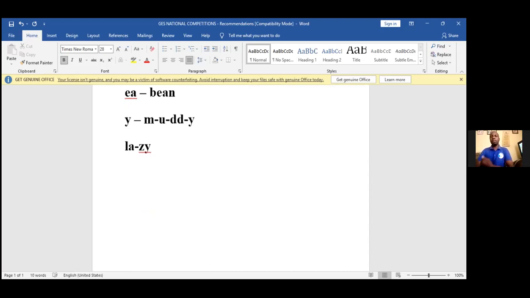Let's tell our children that there are so many spellings of sound E, one is of EE, one is of EA, one is of letter Y alone when it comes at the end of a word which has two syllables, or at the end of a word which has two vowels. When Y comes at the end, it will make sound E.